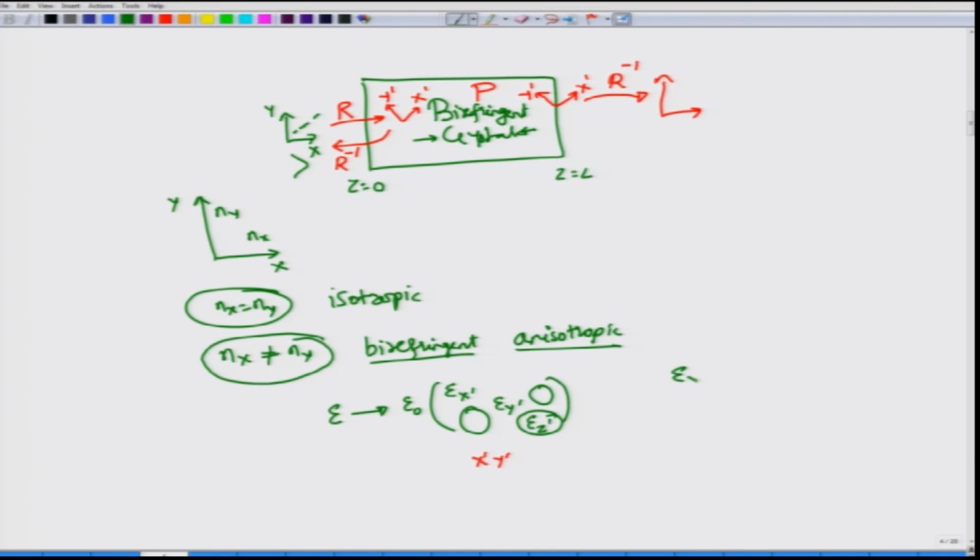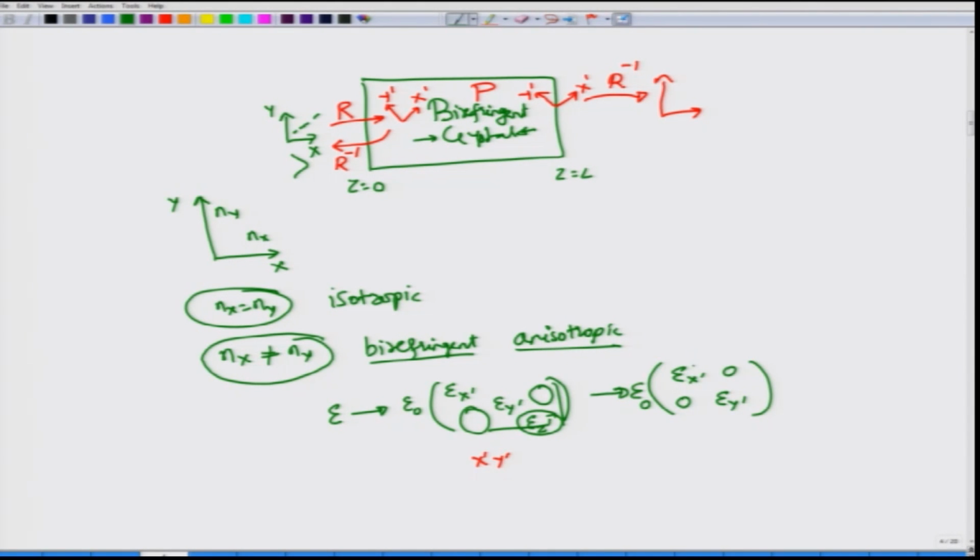So, you are essentially looking at epsilon x prime, 0, 0, epsilon y prime as a sub matrix, because the wave is propagating along z, and therefore, I do not really need to know this row and that particular row. So, what we usually think of as epsilon, a simple material constant in our usual courses, turns out to be not a constant, but rather a more general quantity called a tensor, and in this context for birefringent materials, this tensor can be represented in matrix form in this fashion.